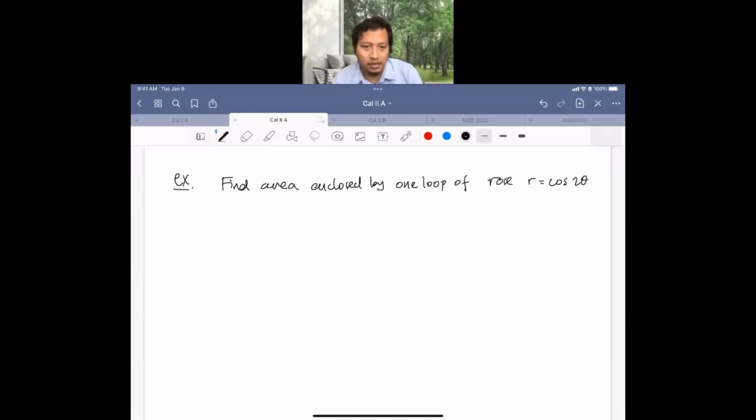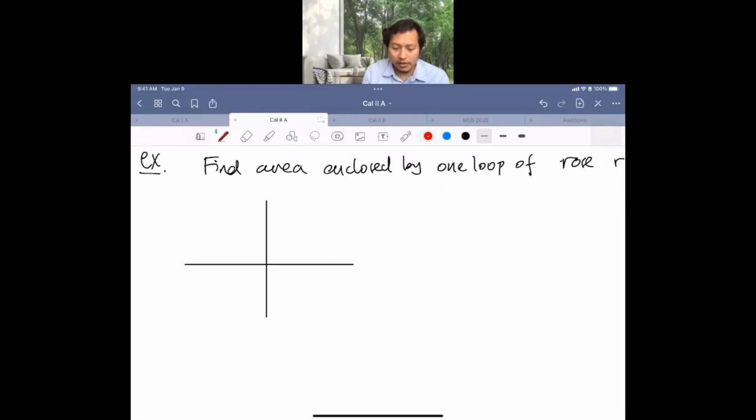If you are maybe not familiar, you can start from scratch, but I don't think starting from scratch can help you. Maybe start by imagining the polar curves. So in polar, we start by taking that this is theta equals 0 and this is theta equals pi over 2.